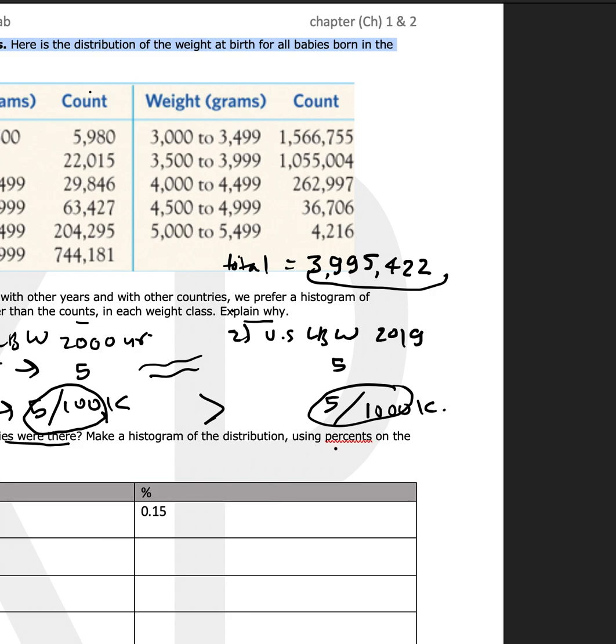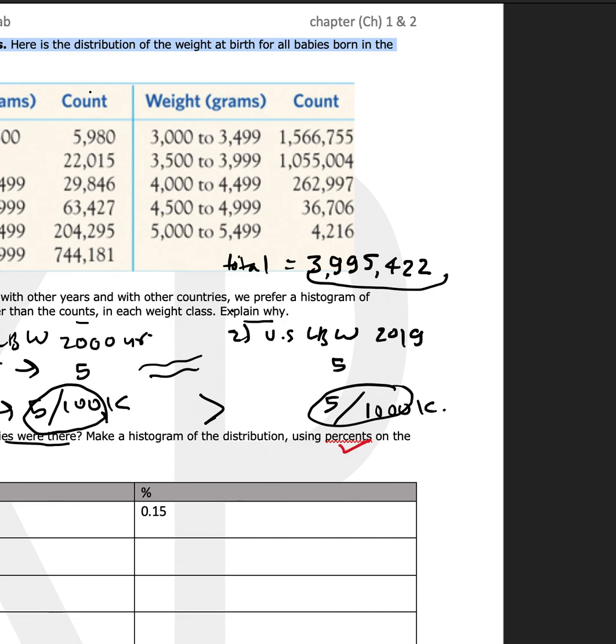The special thing in this is that they have asked us to make the histogram using percent on the vertical scale, or the y-axis, instead of the counts given. So basically you have to transform the y values from the counts to the percentage.